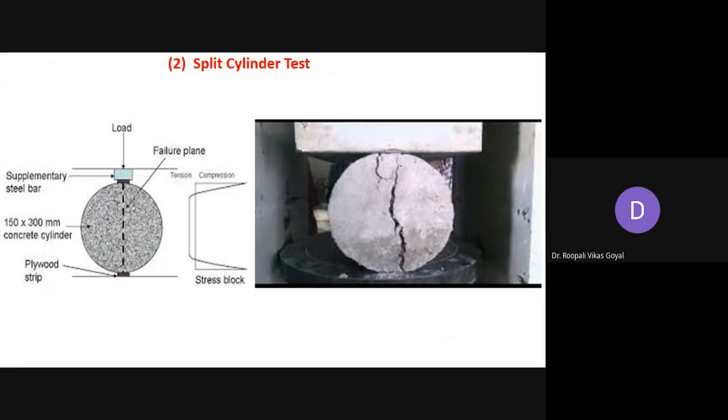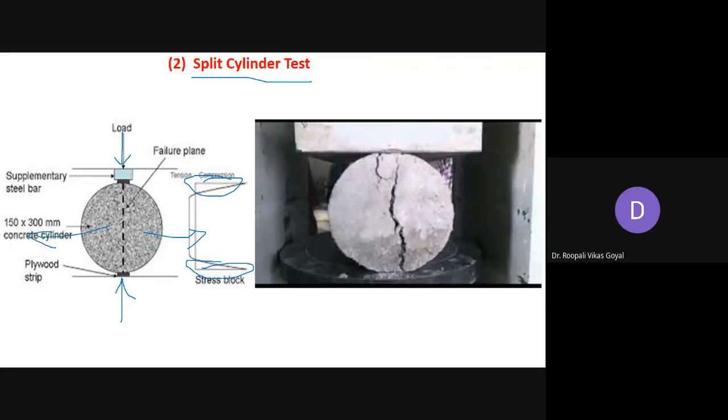Okay, so next is the split cylinder test. Here also you have to apply tension indirectly. We are not going to pull the concrete specimen, we are just applying indirect tension. The principle is that with the normal compression testing machine we apply compressive load. The top and bottom portions are under compression, but the rest of the part comes under tension.